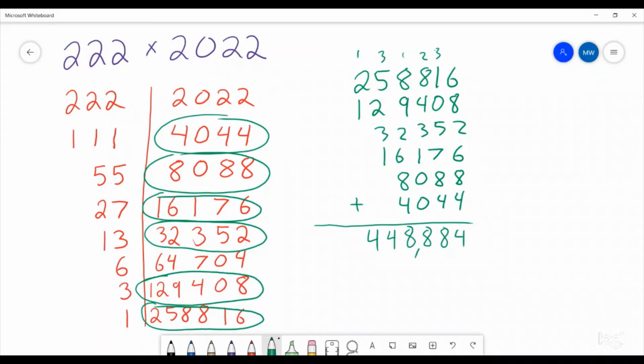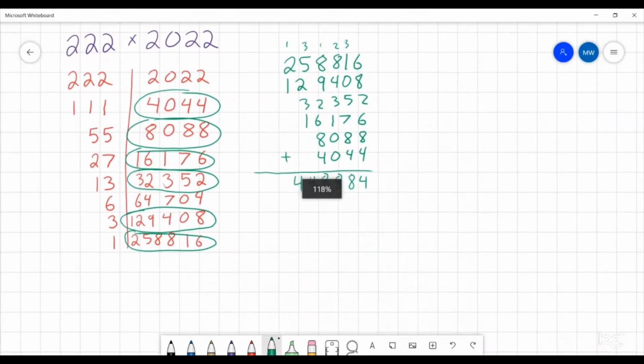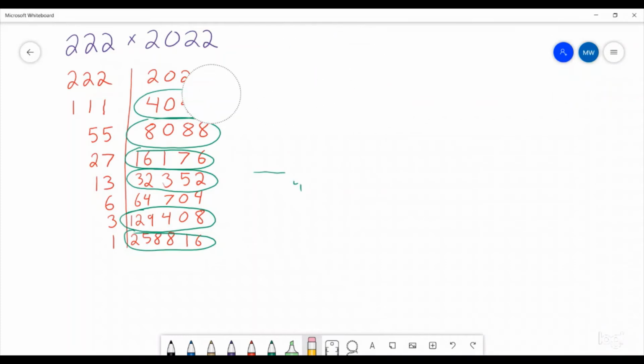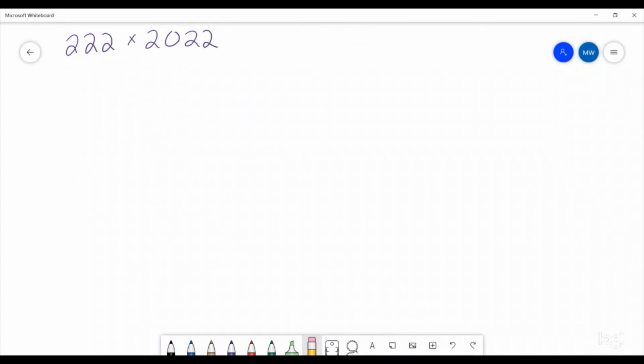Weird. Okay? But what would have happened if instead of doubling the 2022, we had doubled the 222? Well, I'm going to need a little bit more space to do that multiplication, but let's go through and see what that would give us. So here we got 222 and 2022, and this time we are going to be dividing the 2022 by 2's and multiplying the 222 by 2's.